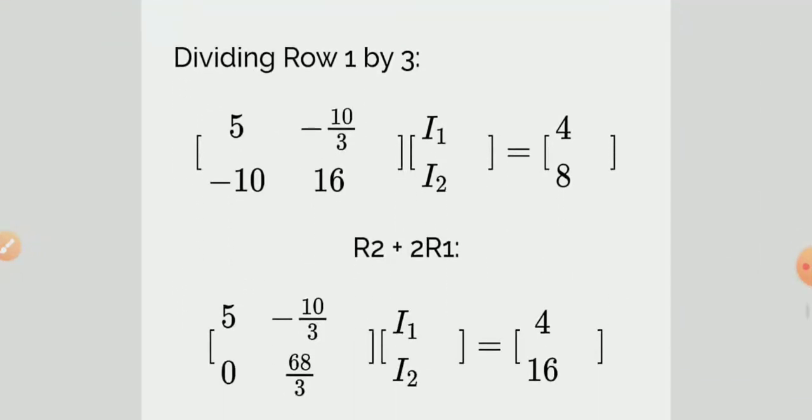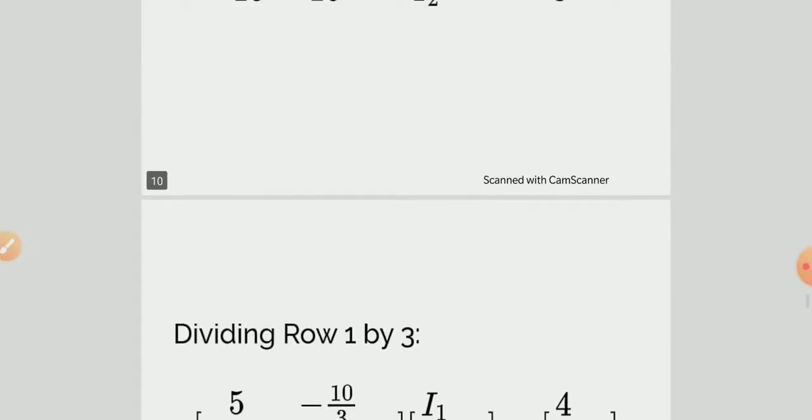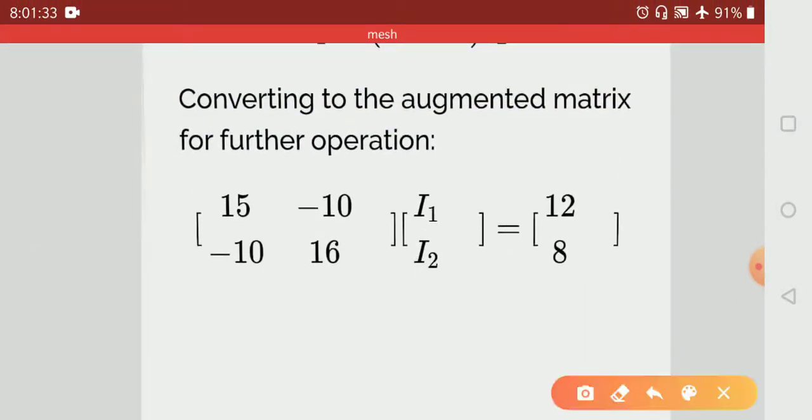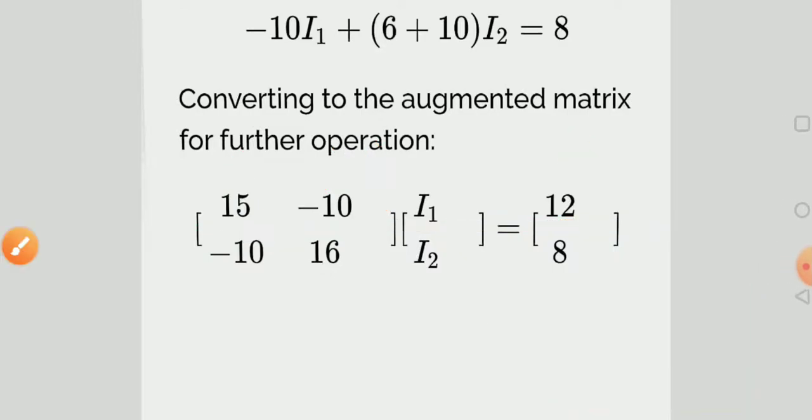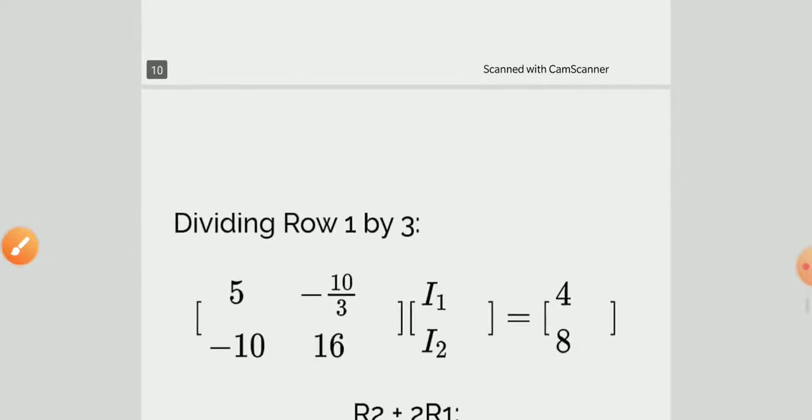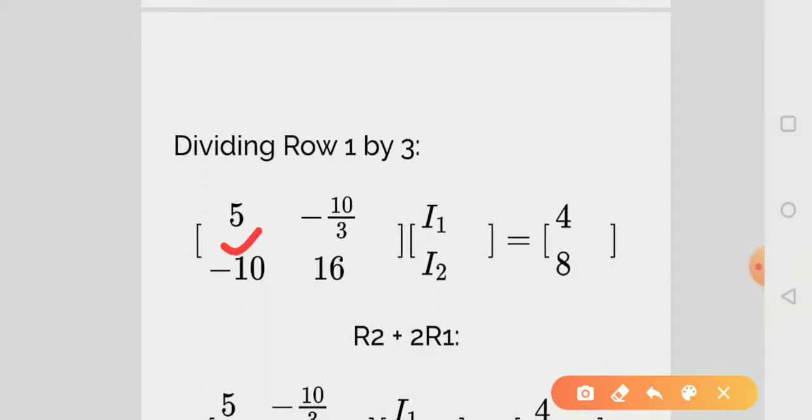Now dividing row 1 by 3, we find that here is 5, minus 10 upon 3, and 4. Now the matrix becomes 5, minus 10 over 3 and 4, and row 2 is the same.